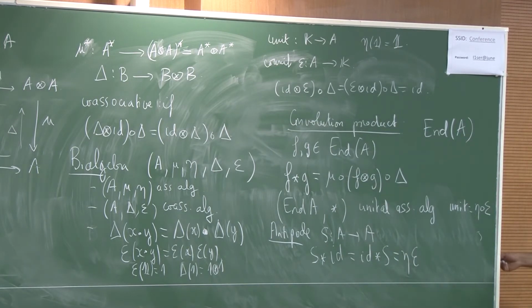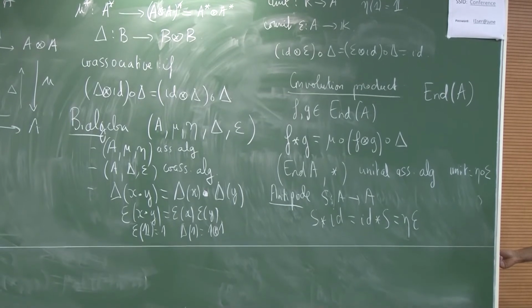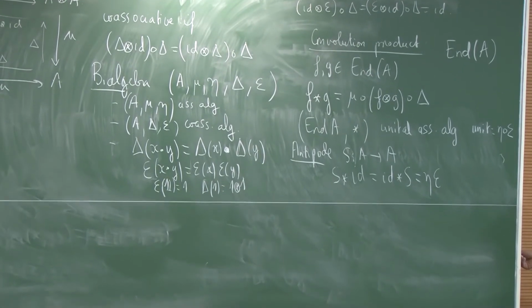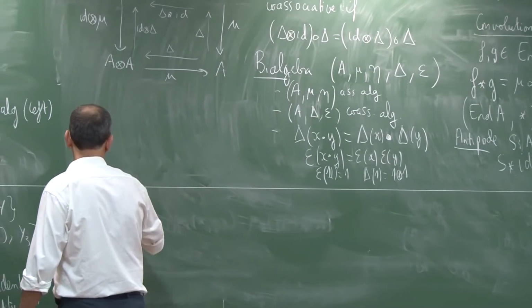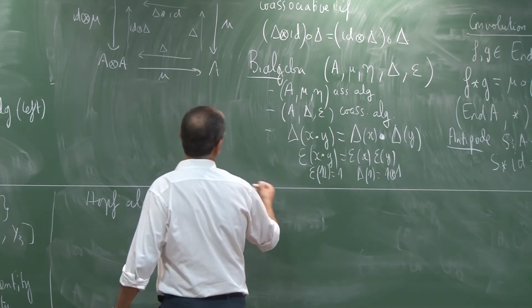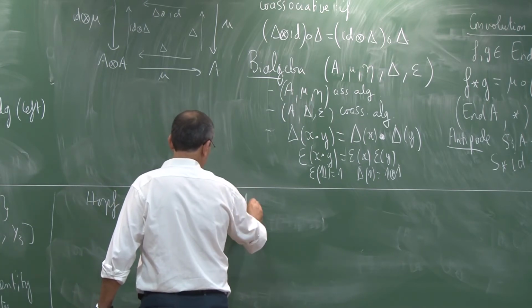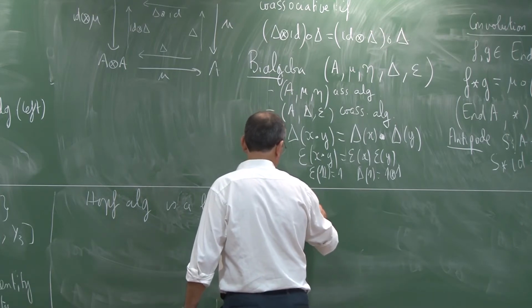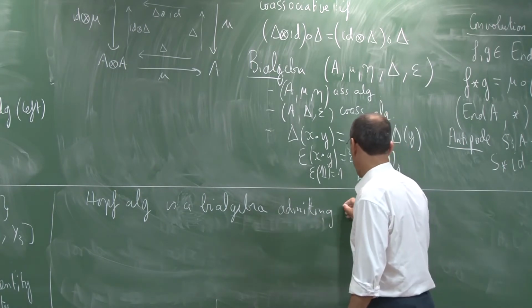And a Hopf algebra is a bialgebra admitting an antipode.